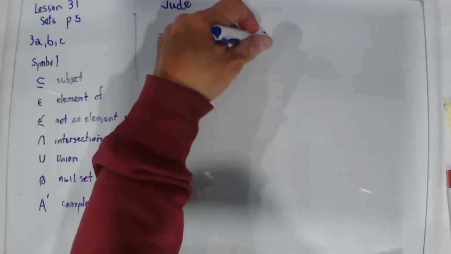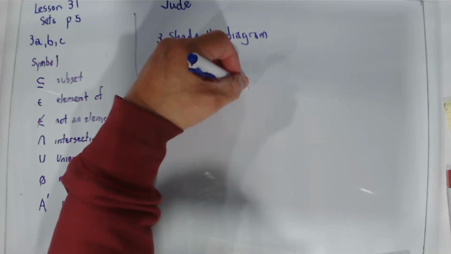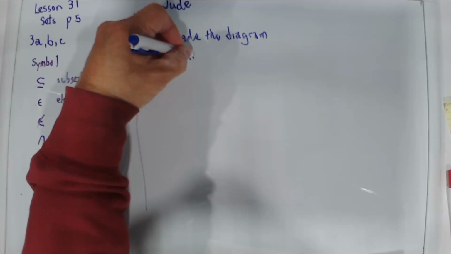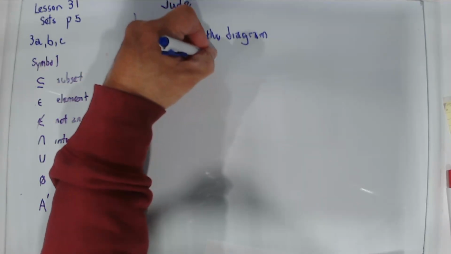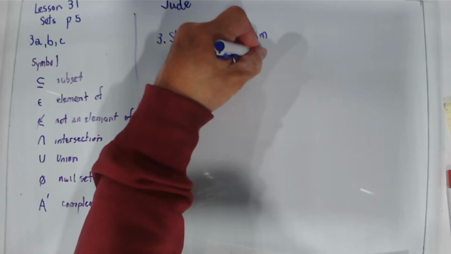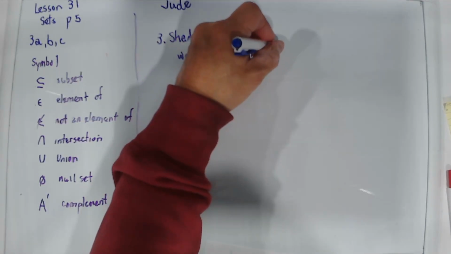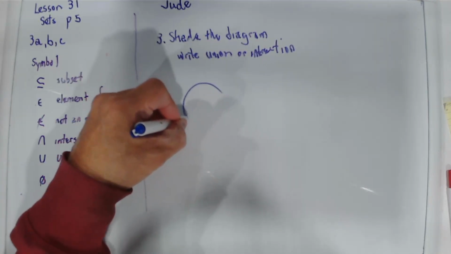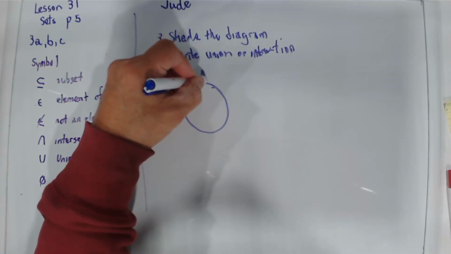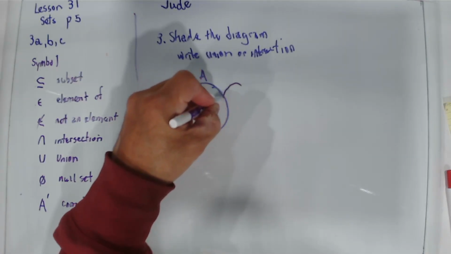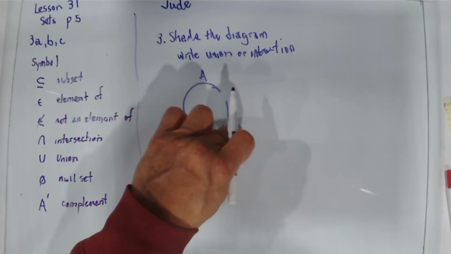And this is what we'll do. And then write the union or intersection. Okay, so if I drew A like this, and I had B here, let me get a better color.